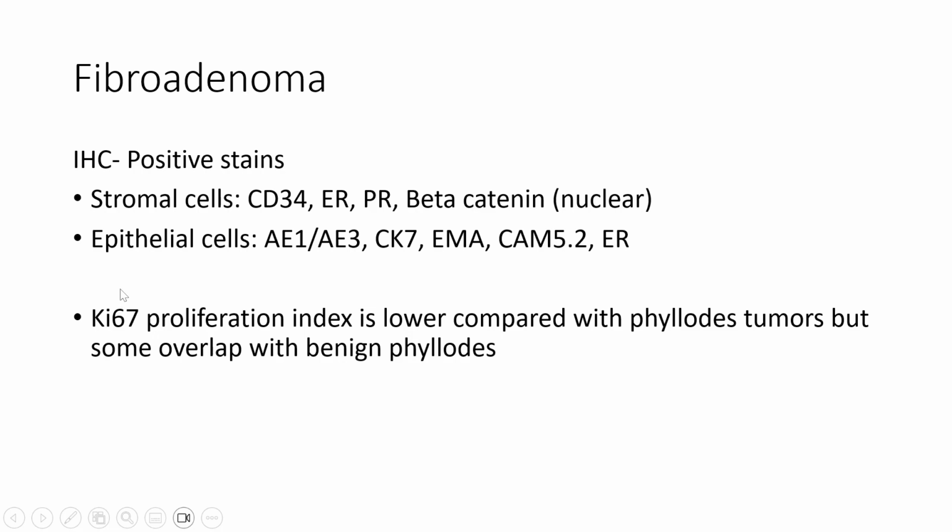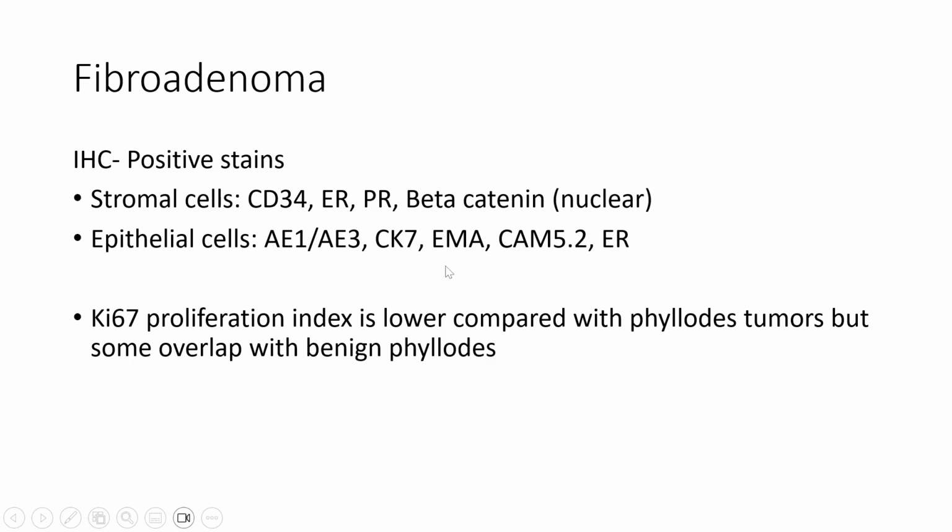Usually we don't do any IHC staining, but if you do, you may see the stromal cells strongly positive for CD34, ER, PR, even beta-catenin nuclear staining, and the epithelial cells are just like a normal TDLU. We can use low molecular weight cytokeratin, and also ER is positive.